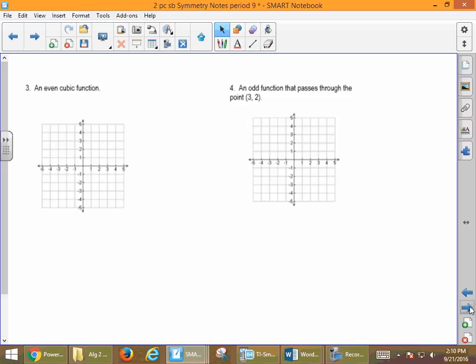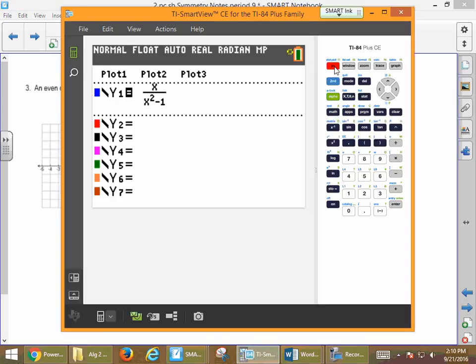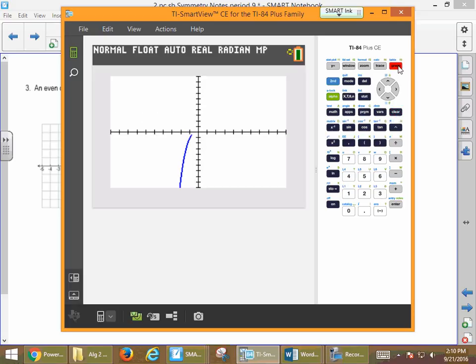Number 3, an even cubic function. Well, we could type in a cubic function on our calculator. If we look at just the most basic of cubic functions, y equals x cubed, we see that it is symmetric with respect to the origin.